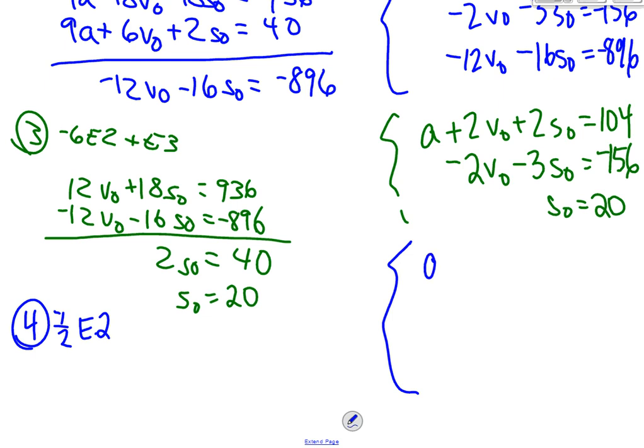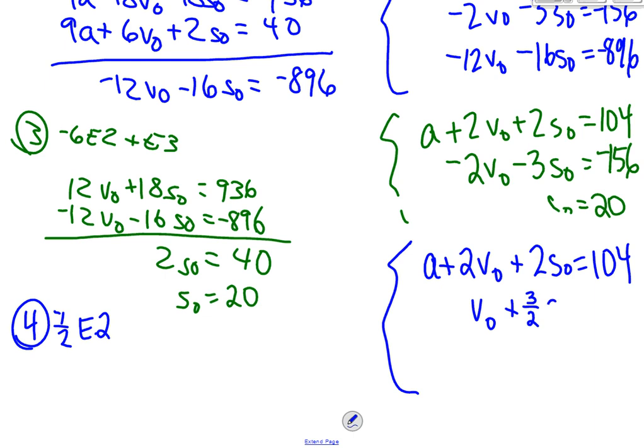Is that okay? So I get A plus 2 V sub 0 plus 2 S sub 0 equals 104. This one, when I multiply by 1/2, then what's my first term going to be? V sub 0. And then what's my next one going to be?